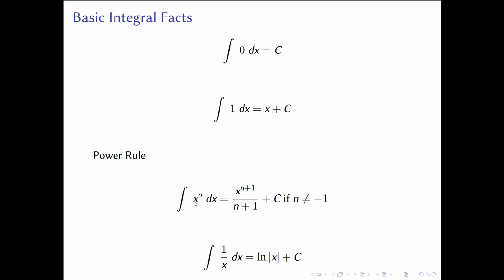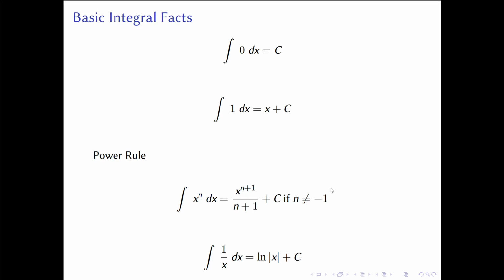So the power rule says what you want to do to find the indefinite integral of a power function is add 1 to the power, so this would be n plus 1, and then divide by that new power. And then, of course, don't forget the plus c on the end. This formula only holds true if n is not equal to minus 1. If n is equal to negative 1, then there's a real problem because I'll have negative 1 plus 1, which is a 0 on the bottom. So x to the minus 1 is the only power function for which the power rule does not apply.